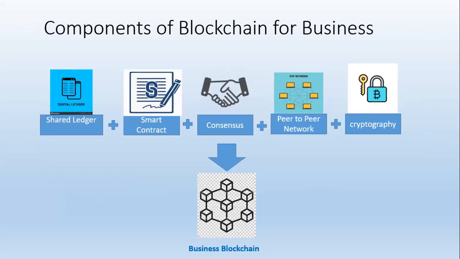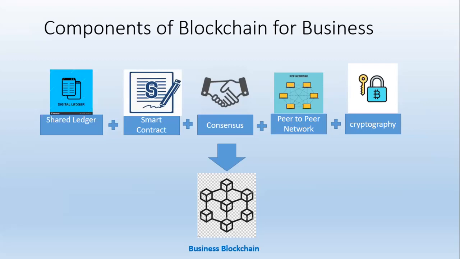So what are the components of blockchain which will help the business, the enterprise, to go for a blockchain solution and also get the benefit of using blockchain in a business environment? So these are the components which will help us to do so. Shared ledger, smart contract. Shared ledger is nothing but a digital database.